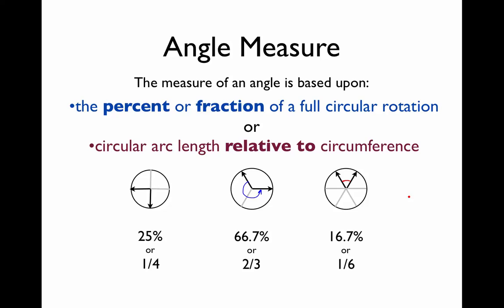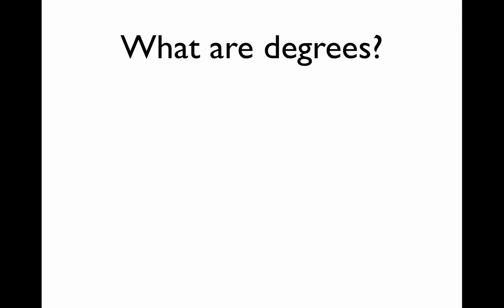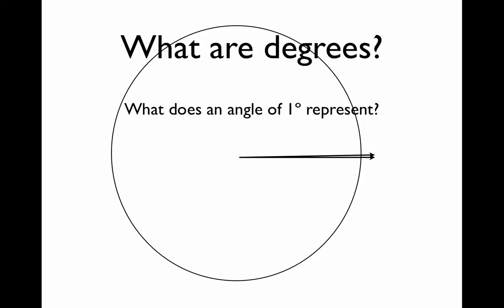Okay, does it make sense? Anybody have a question? Okay, so then in light of this, what are degrees? What does an angle of 1 degree represent? What is 1 degree? What does it mean? Eric wants to try. 1 over 360. So it's an amount of openness that corresponds to, so here's like 1 degree.